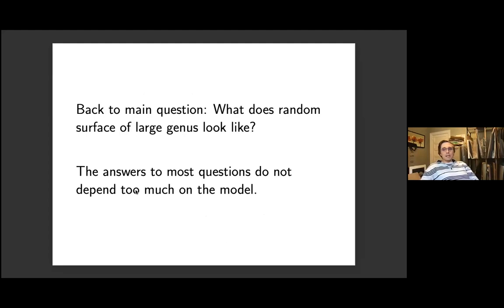So back to the main question, what does a random surface of large genus look like? And so a priori, you might get a different answer in each different model, but reassuringly, the answers to most questions don't depend on the model, or at least they don't depend very much on the model. You get qualitatively similar answers. And that, to somebody studying this stuff, is enormously reassuring. Any given model, you could ask, is this the right model?